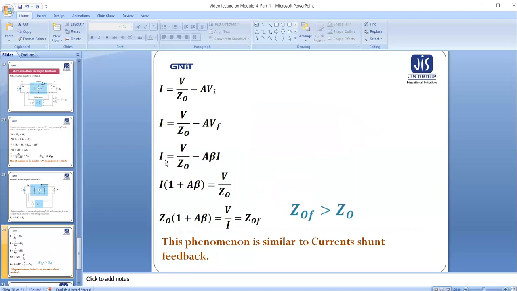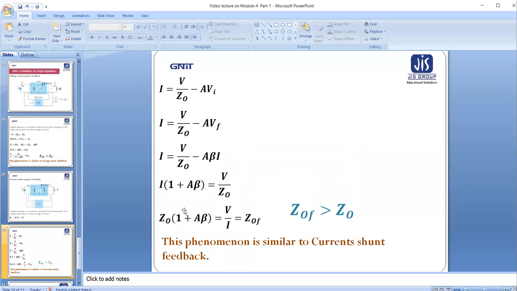Okay. So in the left hand side, this is the term I. In the right hand side, this is a term of A beta I. So I is taken common: I times 1 plus A beta equals V by Zo.